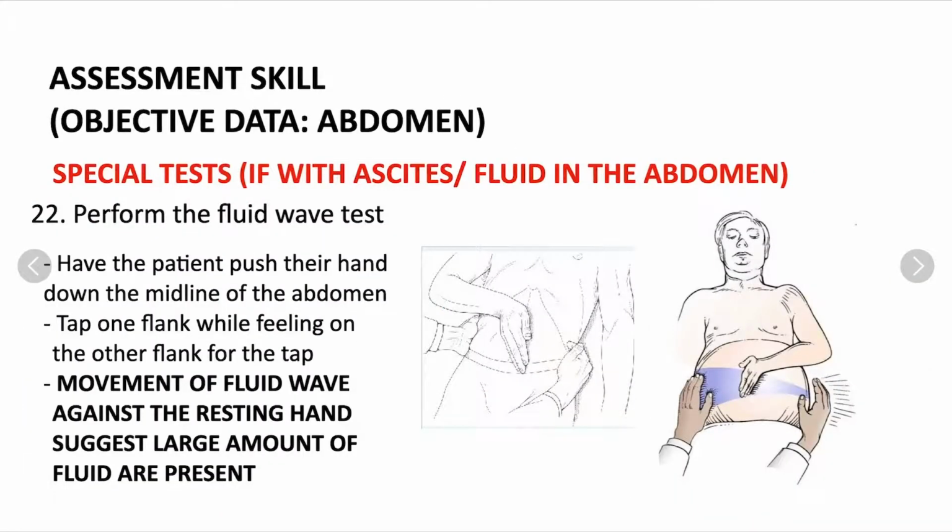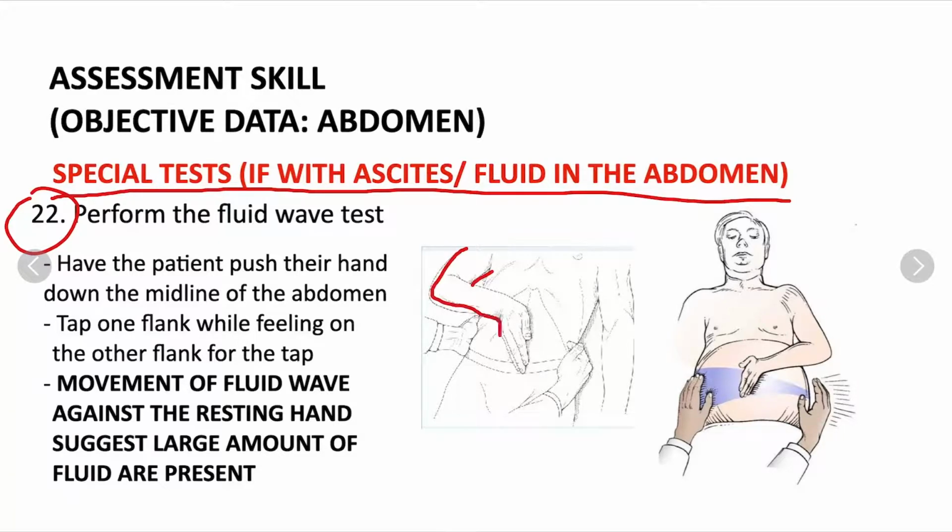The next special test for ascites is the fluid wave test. So how would you do this? You ask your patient, sir or ma'am, could you put your hand, this is the patient's hand, in the middle of your abdomen, applying a little bit of pressure. So we would be making like a border or a barrier in between.